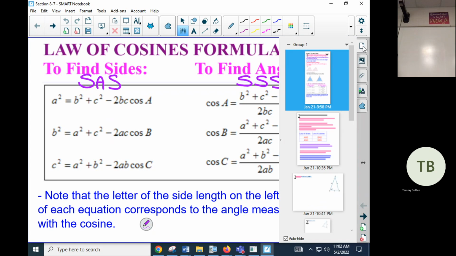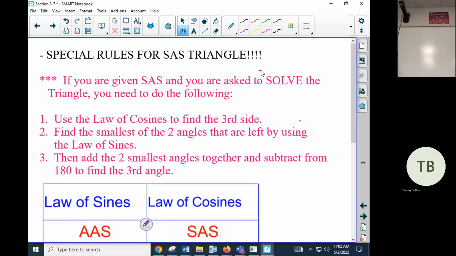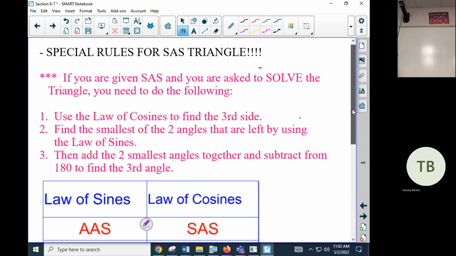Last week when we did law of sines, it did not matter what order we found things in. If you had to find side A and side B, you could do that in either order. With law of cosines, it does matter what order you do it in. So today we are dealing with the side, angle, side triangle. For example, you might know this side is 10, this angle is 20, and this side is 15.